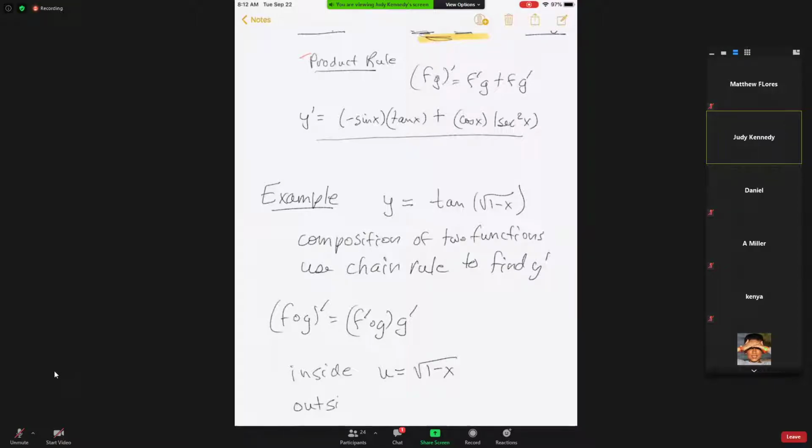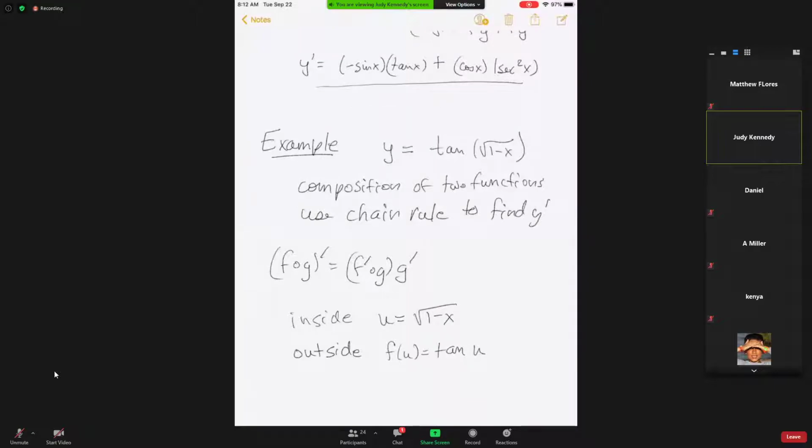And the outside is the tangent, I'll call it f, the tangent function. So we have our inside and outside identified. Let's go ahead and get u prime and f prime.